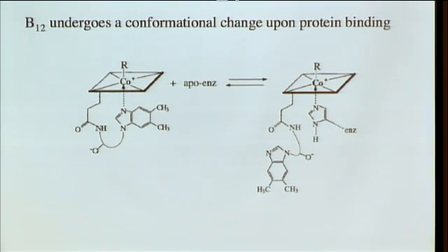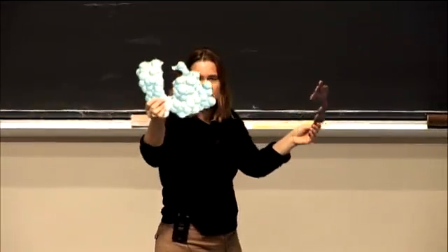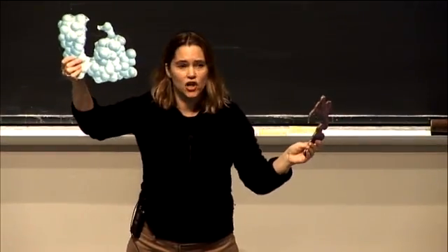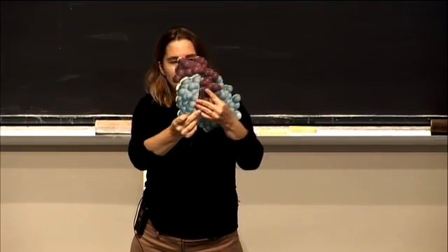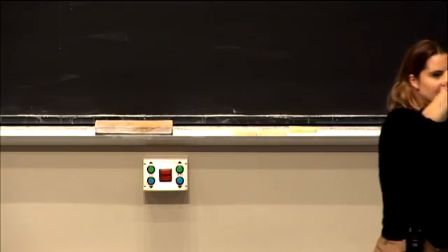When the first structure was solved of one of these enzymes, it found that here's what the vitamin B12 looked like. It had this extended region, which no one was expecting. So that had to fit into the protein. This is the domain of the protein that binds the vitamin, and it had a large hole. You put these together, and that's great. It fits, and you have a happy enzyme.